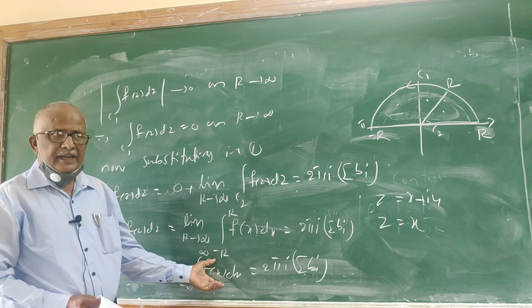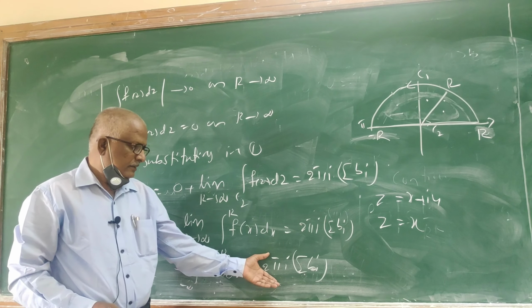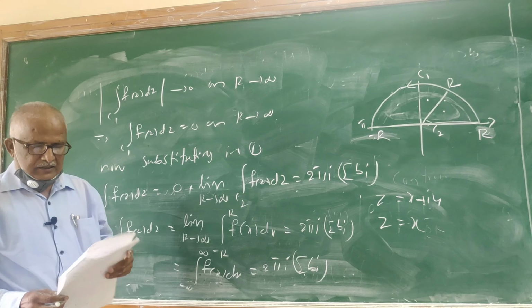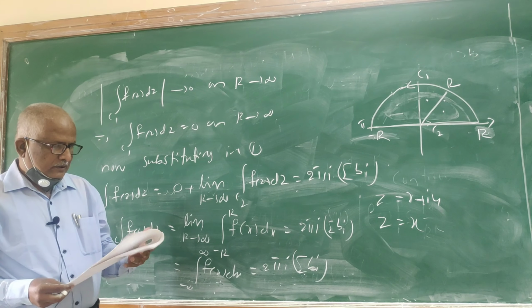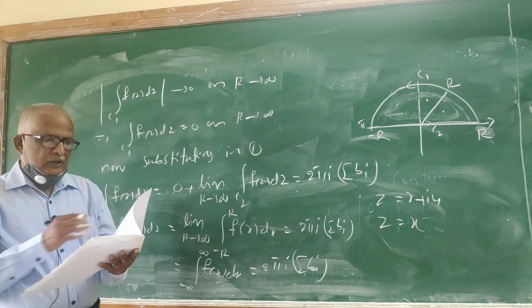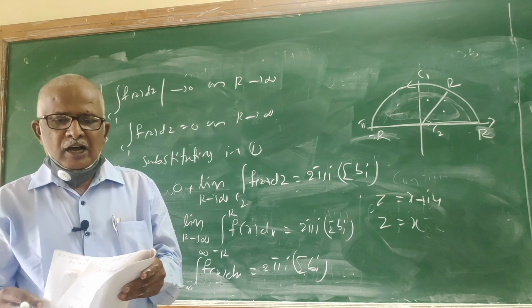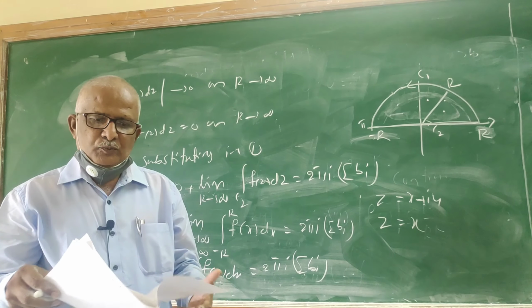This is a real quantity. So automatically we are able to get the value of real line integrals. So we shall take one or two examples to see how Jordan's lemma is useful.